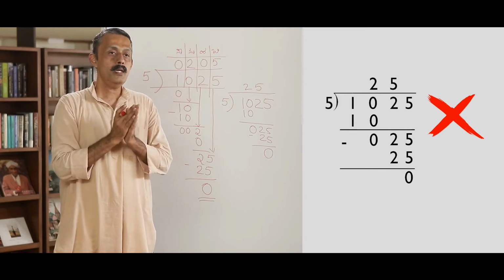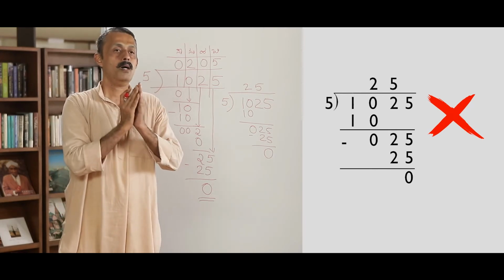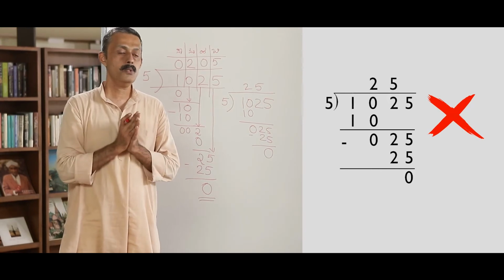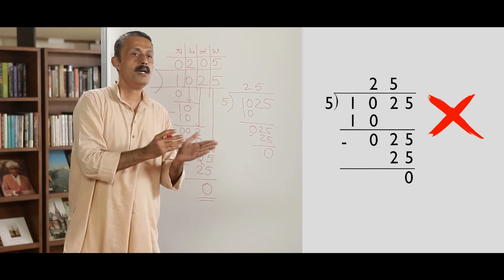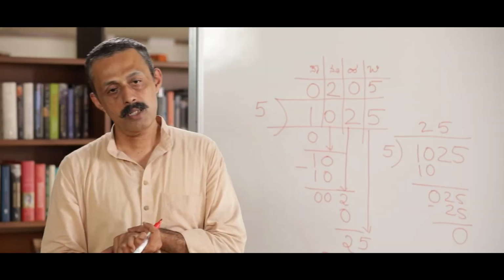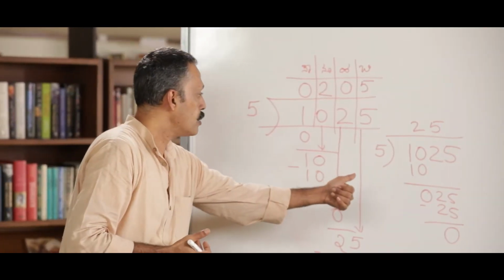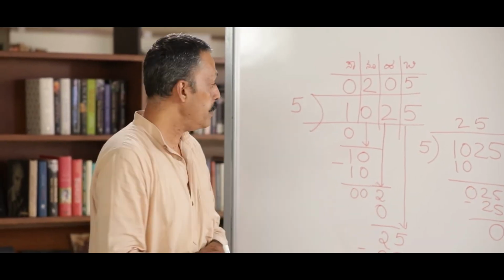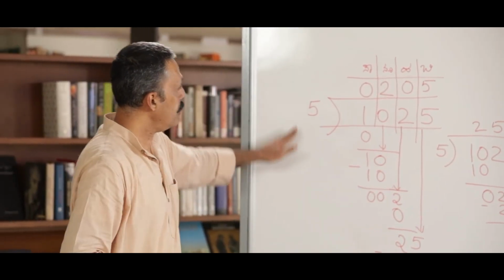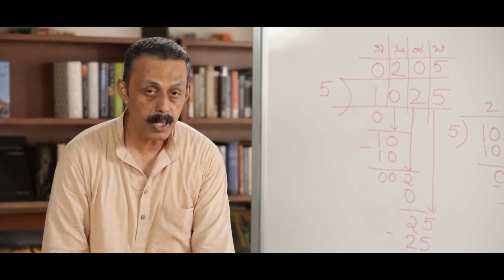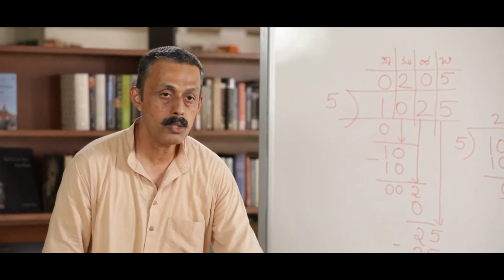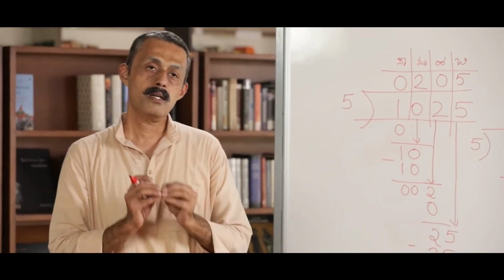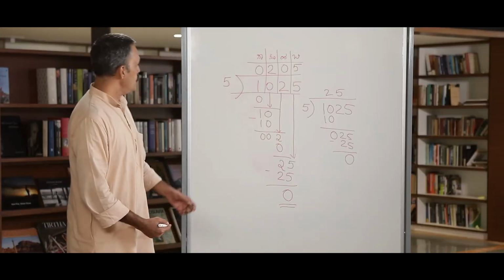Children concentrate on mugged up table only. And without knowing the concept of division, if they base it on the table, they get wrong answer as a result of wrong concept. Hence, we should do the division with concrete stage, understand the concept, and then if we do it in the abstract form, children will understand it properly.